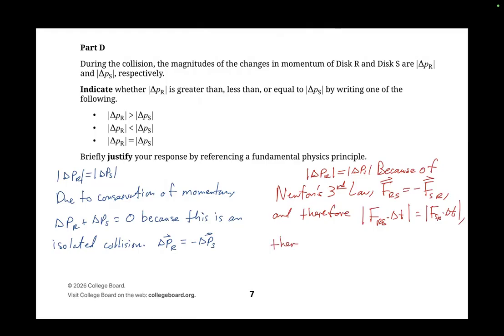Therefore, the change in momentum of S should equal the change in momentum of R magnitude-wise, since it'll be the same force in the same time, so the same impulse.